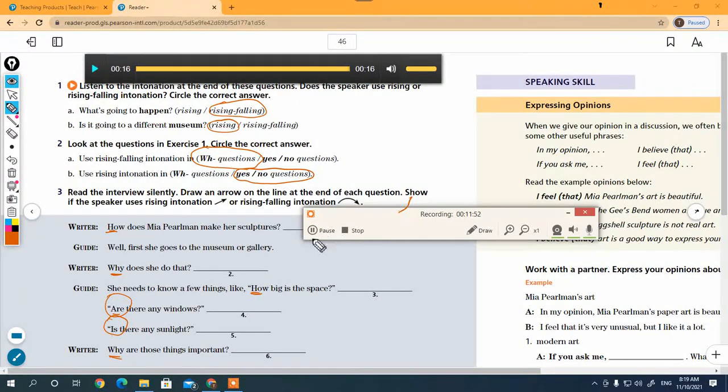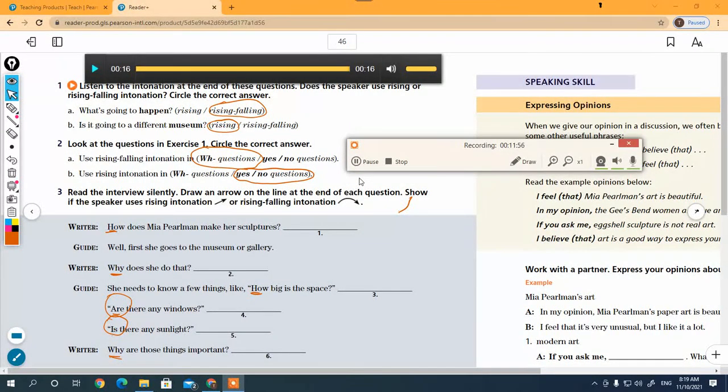So if we understand this, for WH questions, we're going to go rising, falling. How does Mia Perlman make her sculptures? Sculptures. Well, she first goes to the library or gallery. Here's a WH question. It's going to be rising, falling.